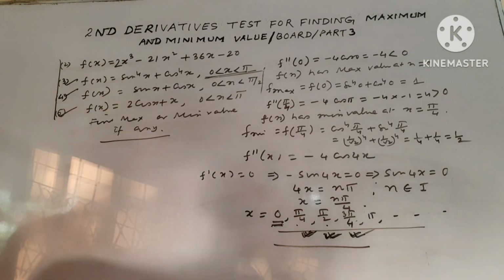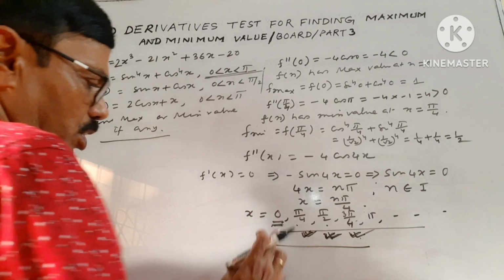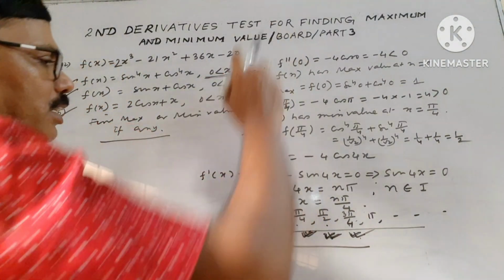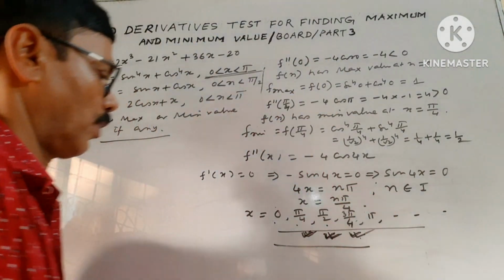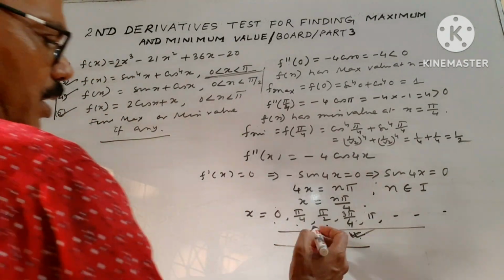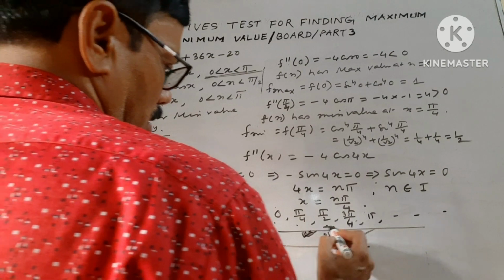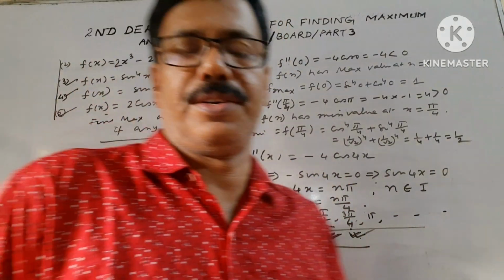So you have to check and verify at these points. It is a stationary point but not included in this interval. Similarly, you can verify the double derivative at pi by 2, 3 pi by 4 and complete this.